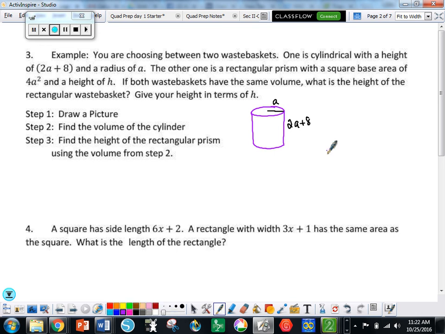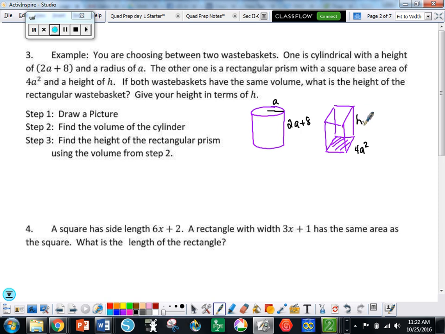With a square base. Sorry, I find this a little bit amusing, even though I'm the one that wrote the problem. The base area is 4/8 squared. And the height is h. Okay? So those are the pictures.